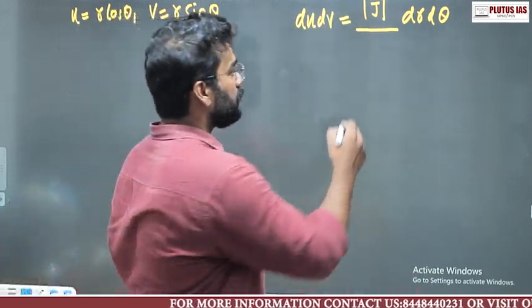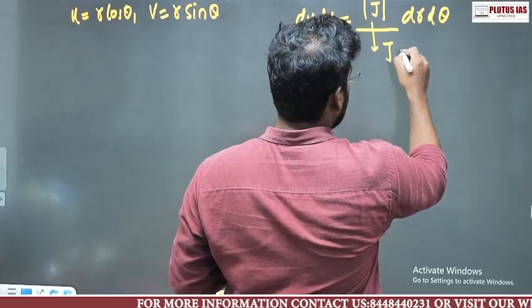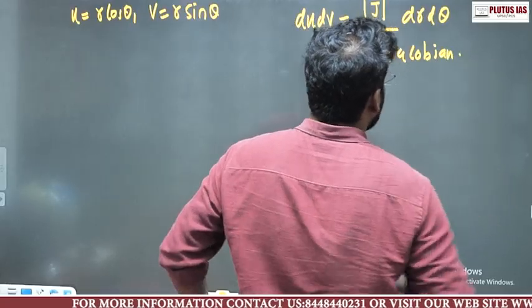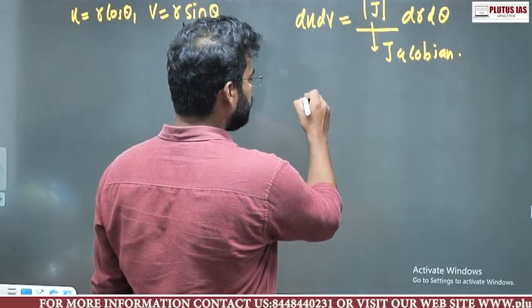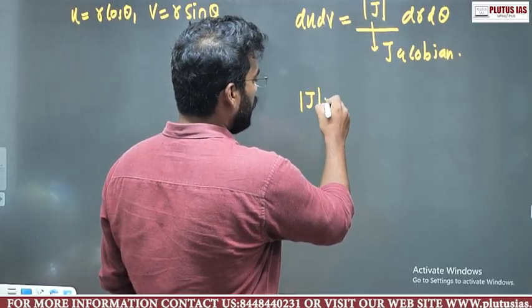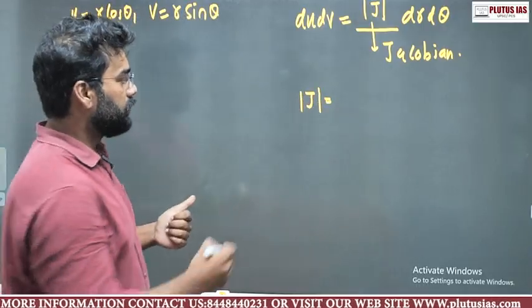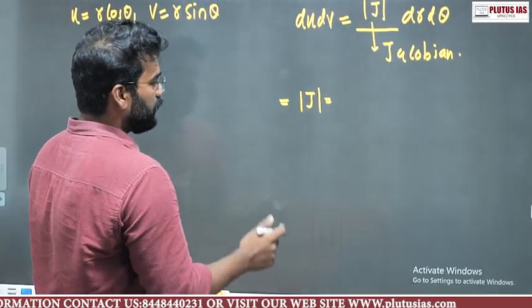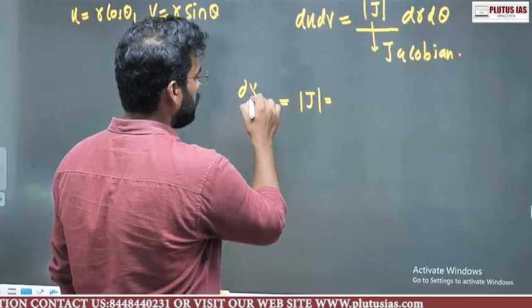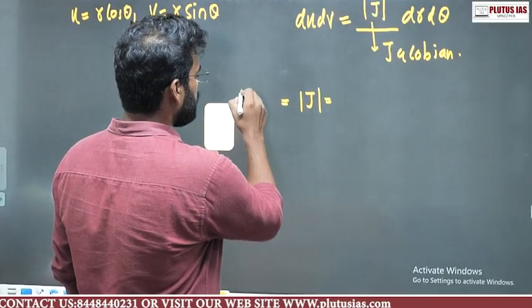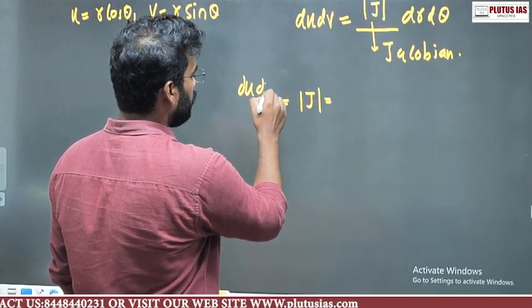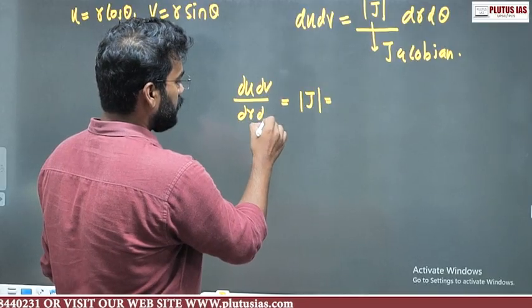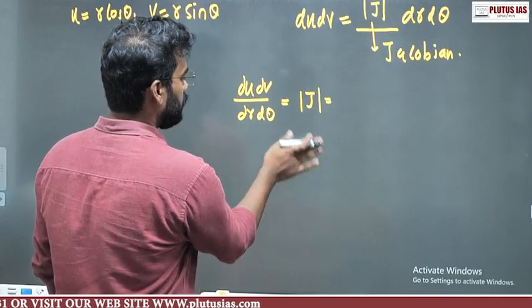The Jacobian is nothing but the determinant, which changes u v into r theta.